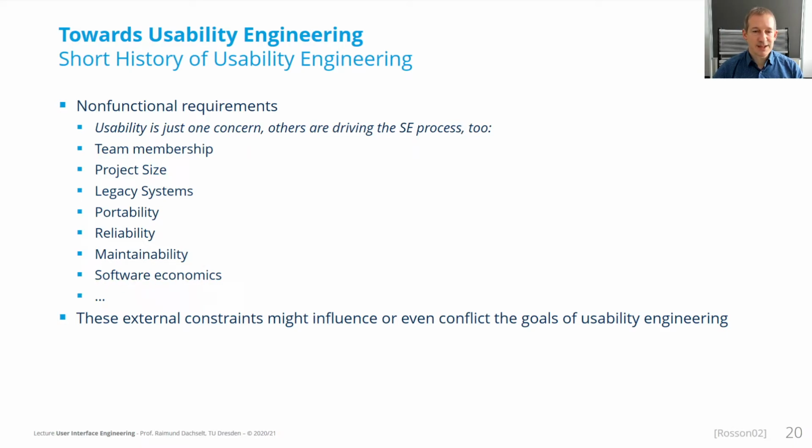All these aspects are also non-functional requirements like usability. And of course, some of them are even in conflict with the goals of usability engineering, and that has to be considered. Just one example is legacy systems.